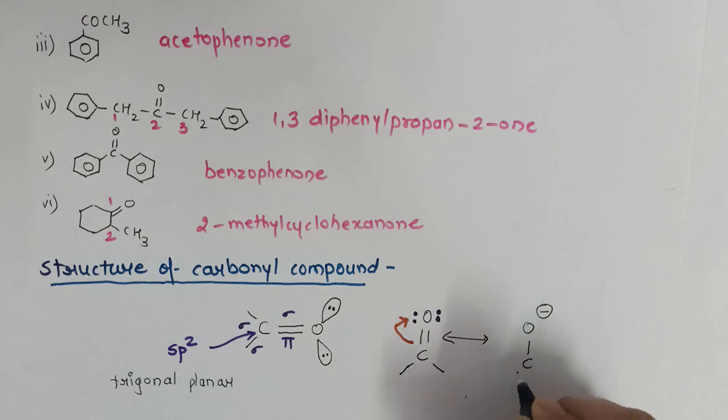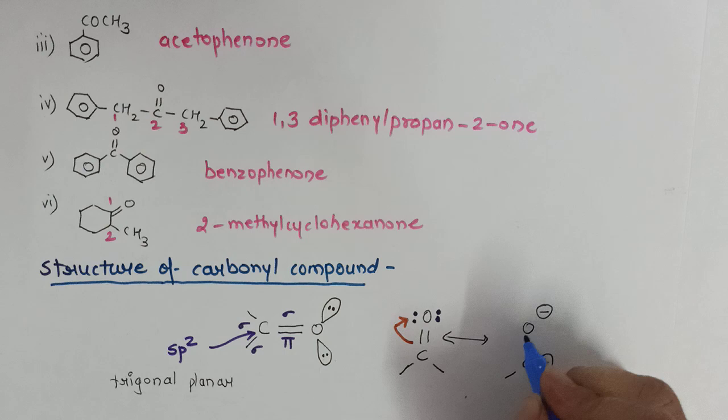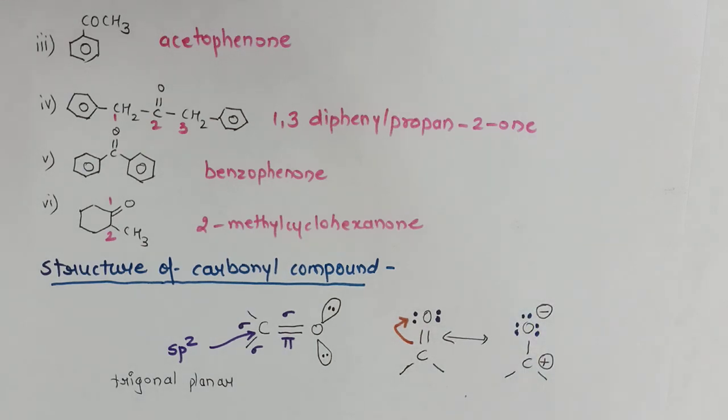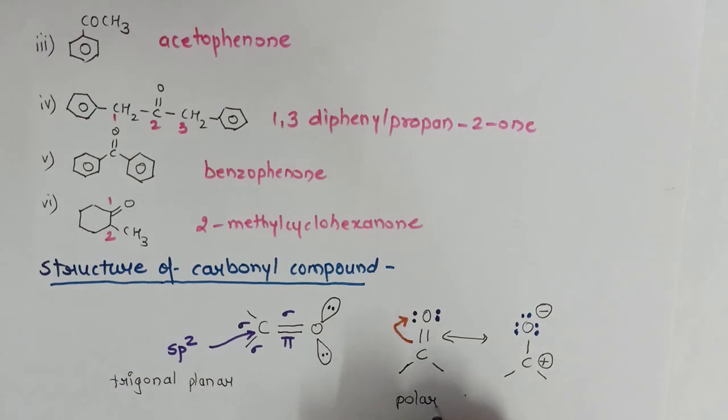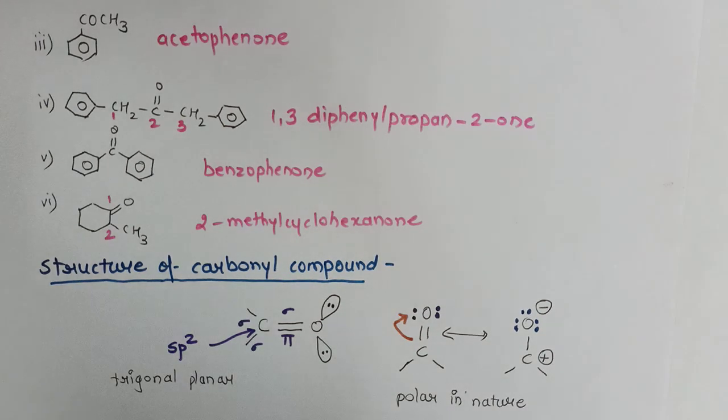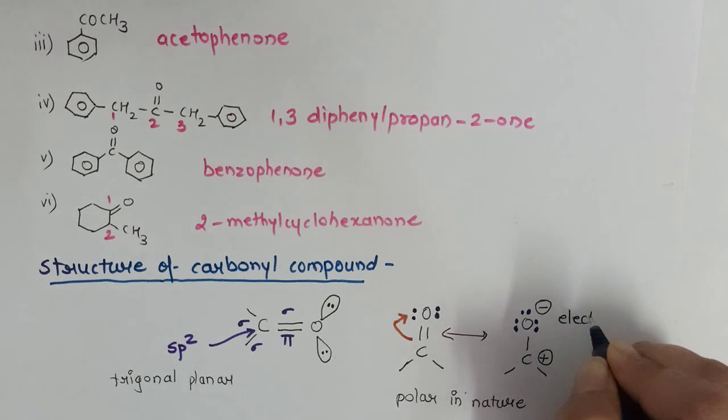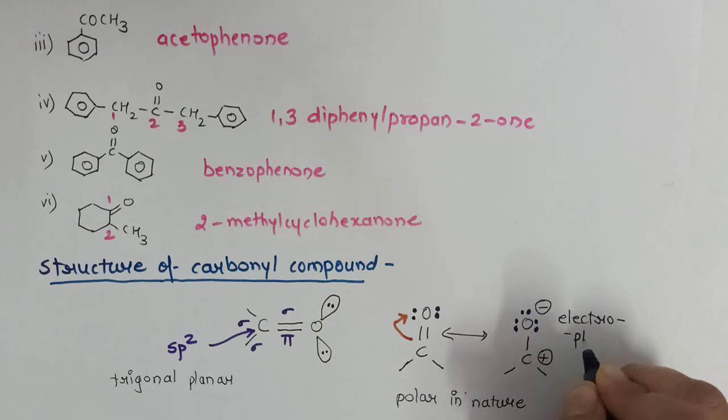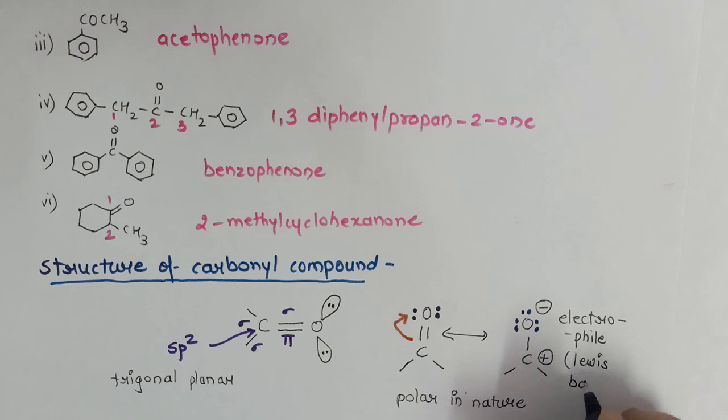Oxygen will acquire a minus charge, carbon will acquire a positive charge, and therefore we'll say this bond will be polar in nature. As a result, carbonyl compounds act as electrophiles, or I will say they are Lewis bases. They donate electrons to other compounds.